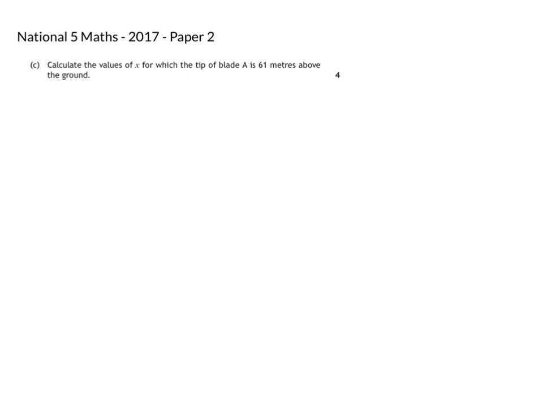So it says calculate the values for x for which the tip of blade A is 61 meters above the ground. So our formula was h is equal to 40 plus 23 cos x degrees. It's telling us our height is 61, so that's giving us 61 equals 40 plus 23 cos x degrees.